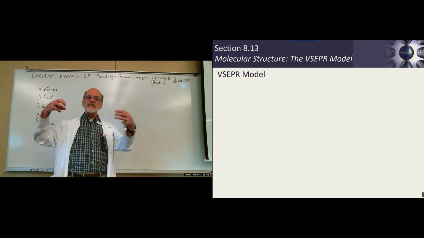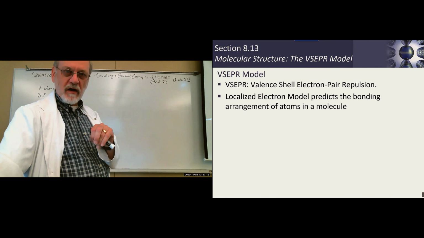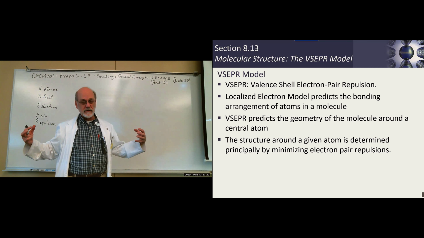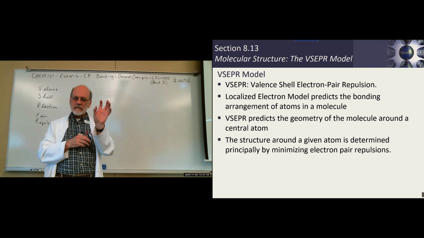And it's a model for predicting the three-dimensional structure of molecules around a central atom. Okay, that idea can be extended to larger molecules. So you can have a central atom with its attachments, its atoms or groups, and it will have a certain structure.